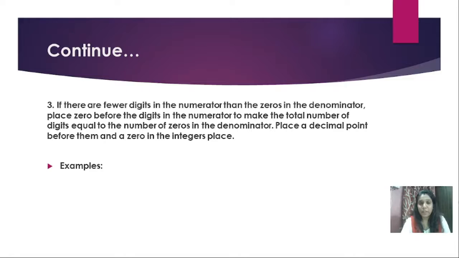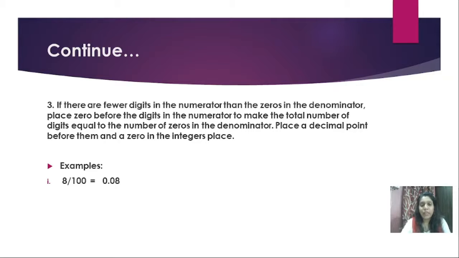Example, this one you will only understand when you see an example. So what did the statement say? The statement said if there are fewer digits in the numerator. So right now there is only one digit in the numerator and there are more zeros in the denominator, correct?